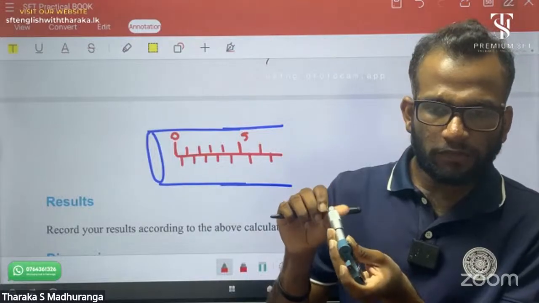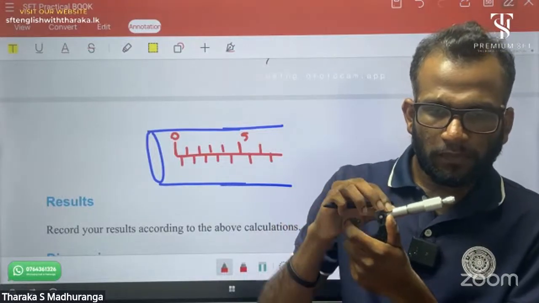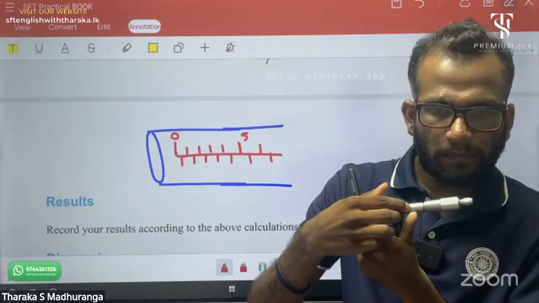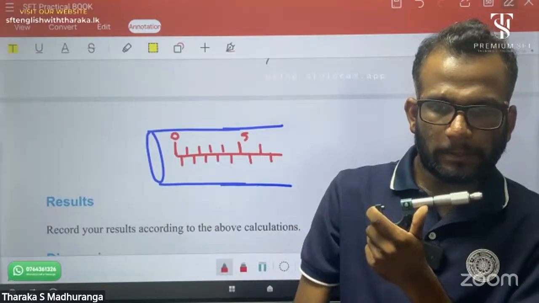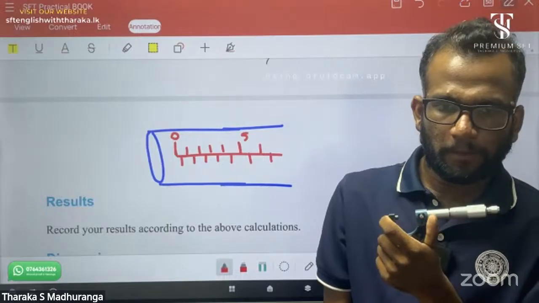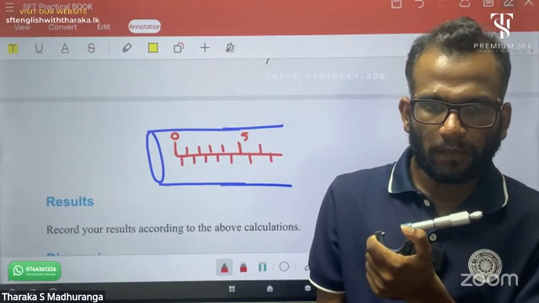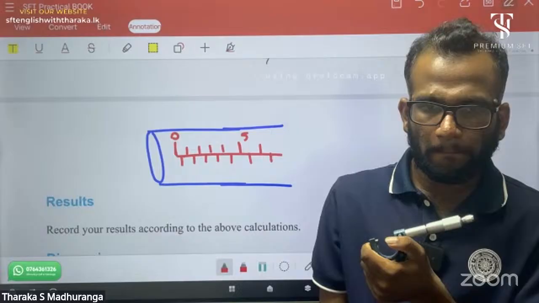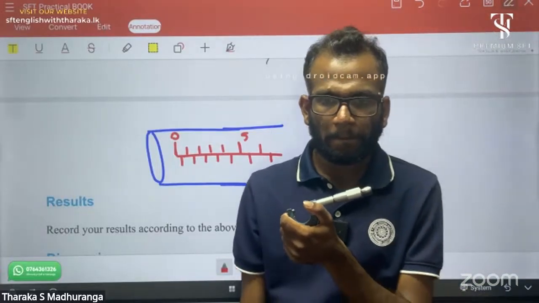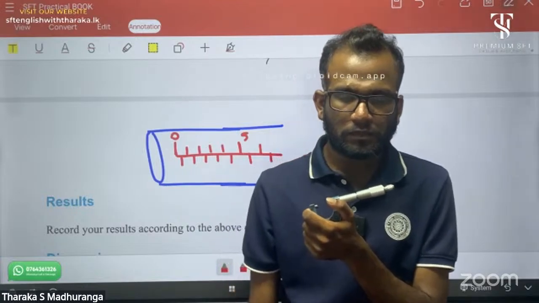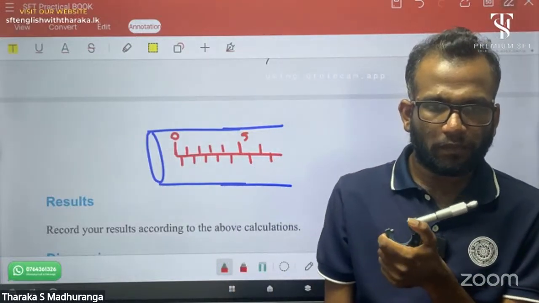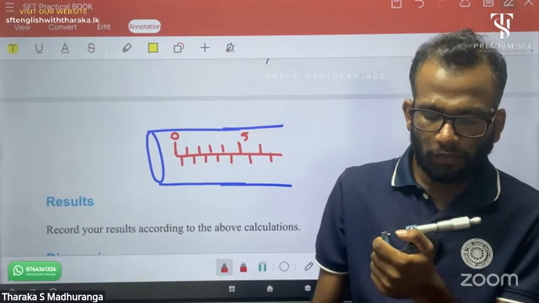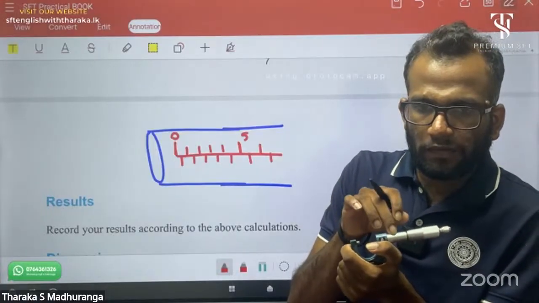Amina, what's the total length? Kabir? Fatima, what's the total length of this?